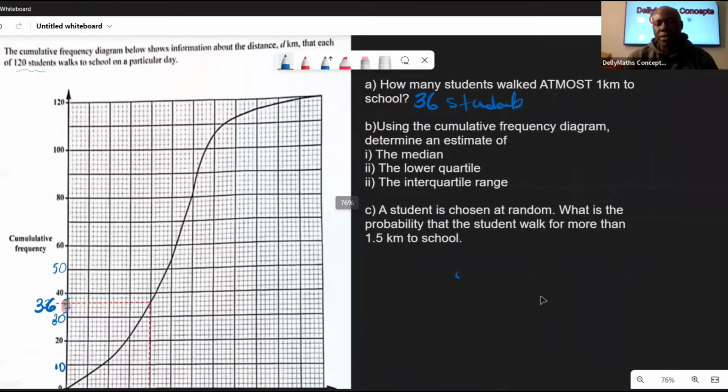Now let's look at the next question. It says, using the cumulative frequency diagram, determine an estimate of 1, the median.